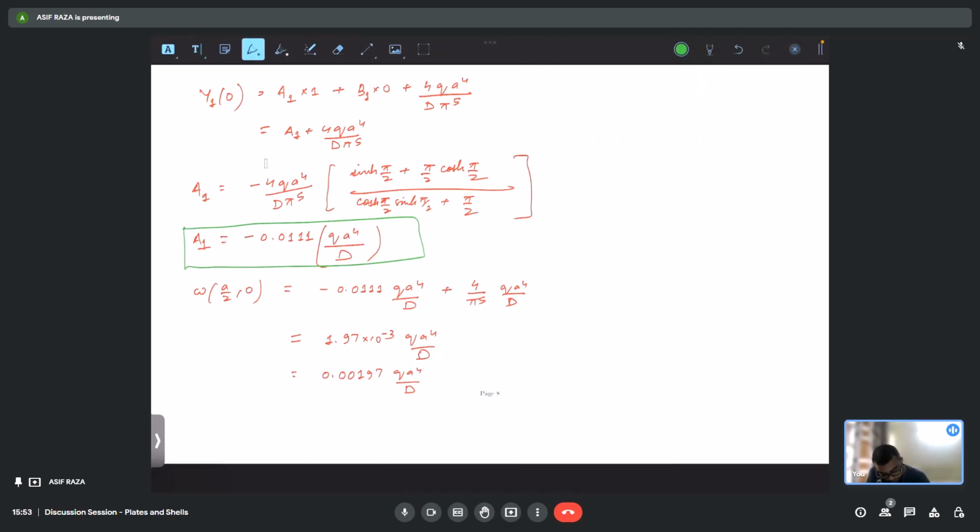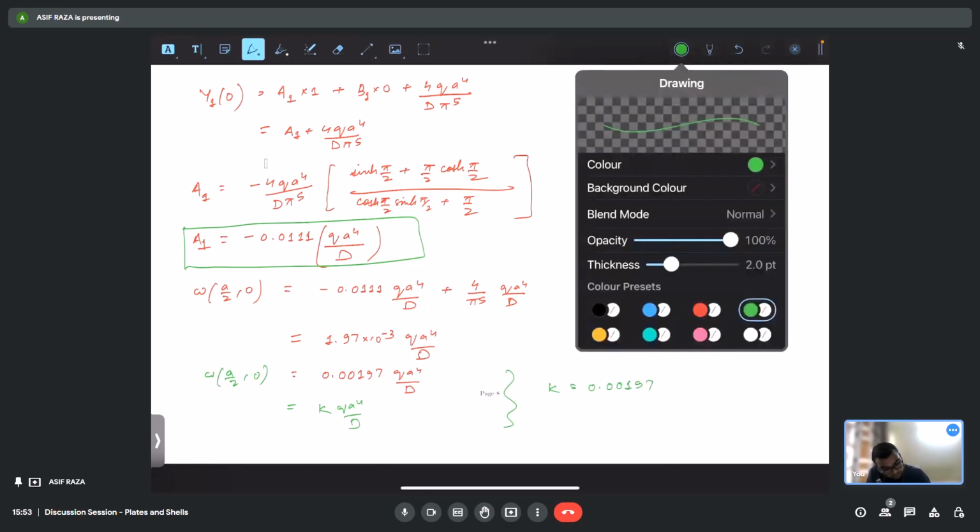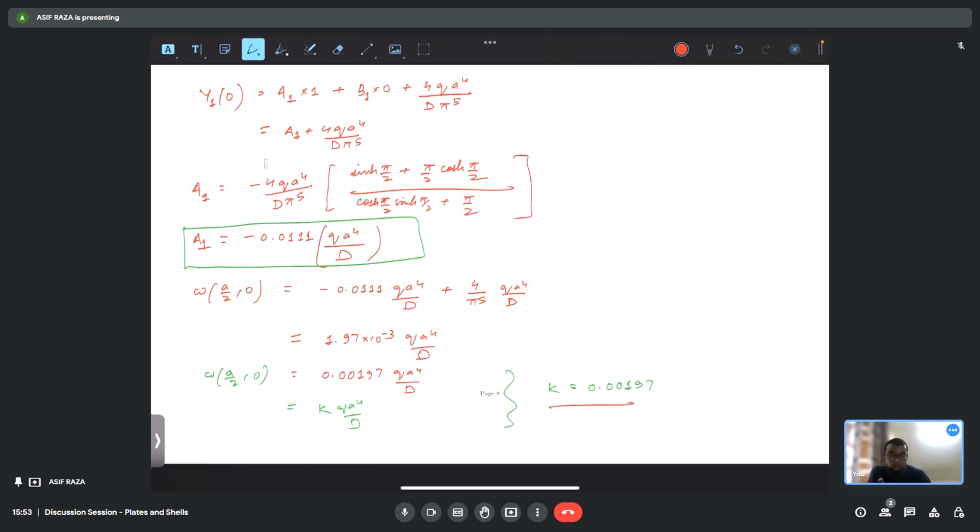And we have w at (a by 2, 0) as this, and we were given k q a to the power 4 by D, so k equals 0.00197. Answer is this.